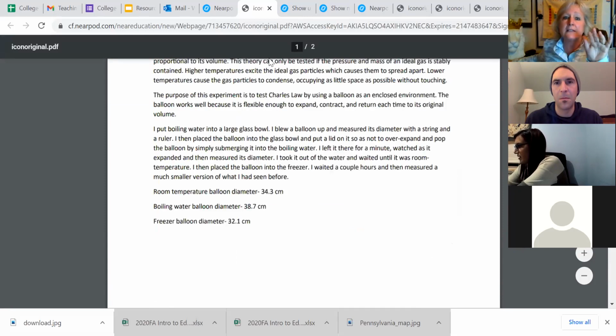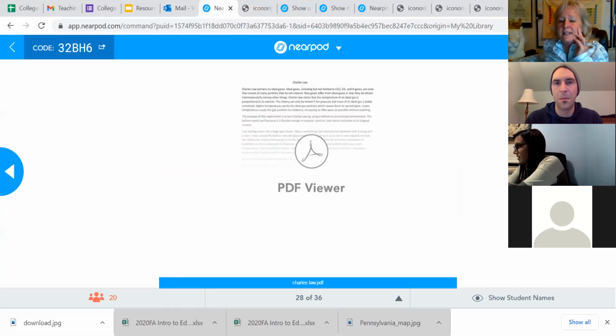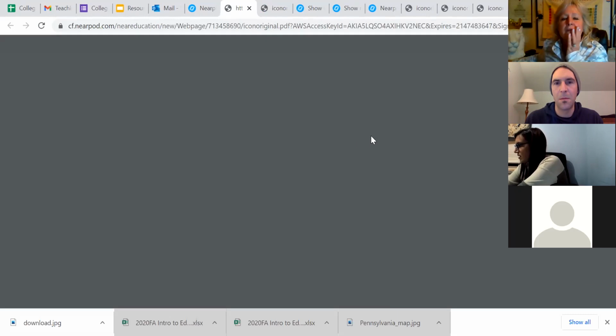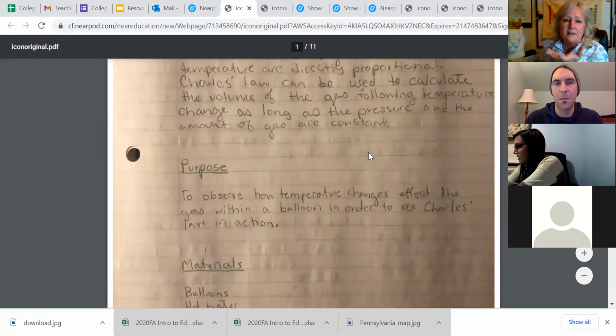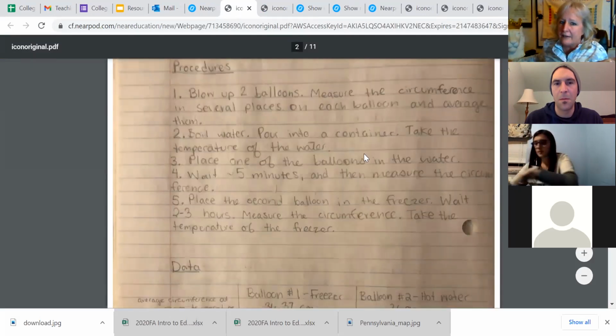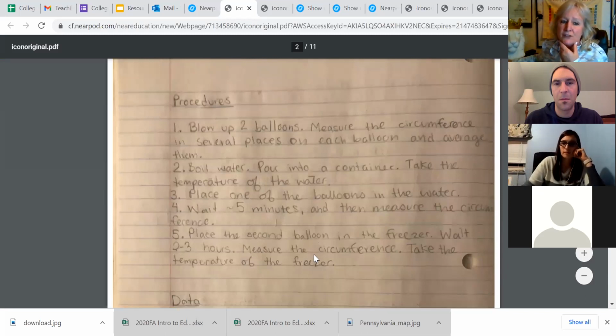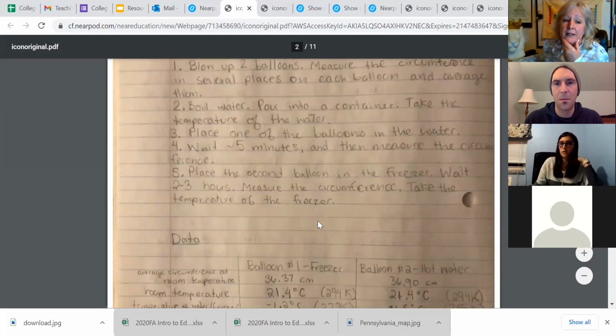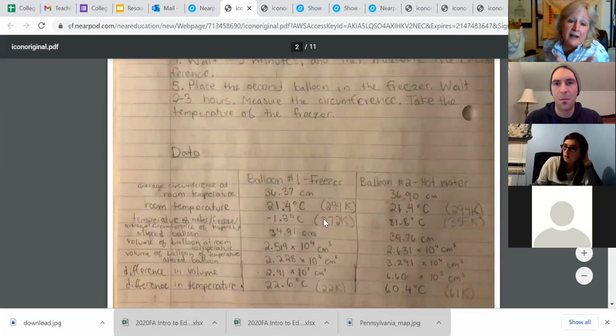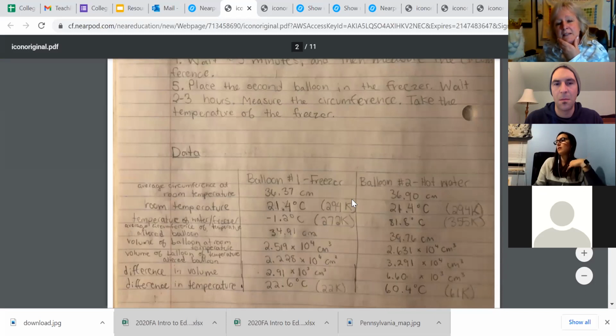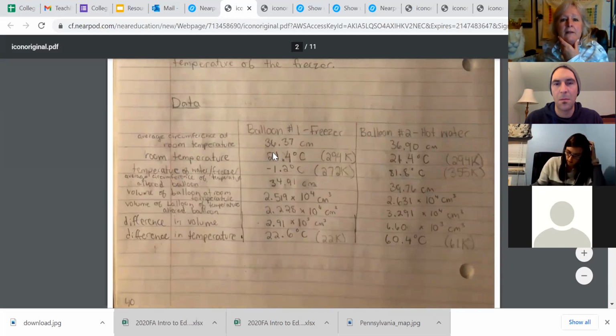Now contrast this lab with this next one. Okay, so this student, they did the background. They have to develop their own procedures. It doesn't say in the video how long to put it into the freezer. It says a couple of hours. So how long are you going to keep it in?